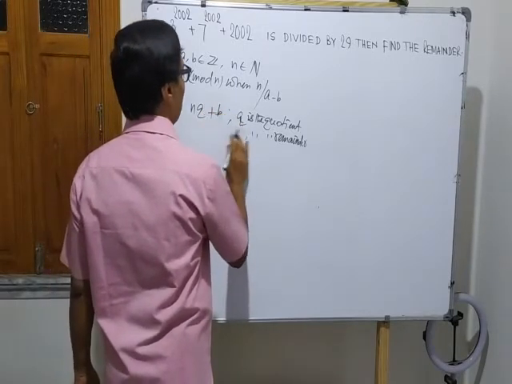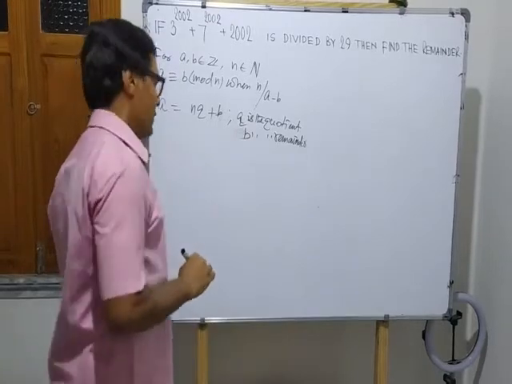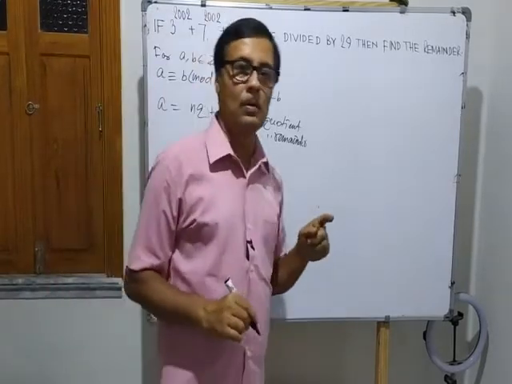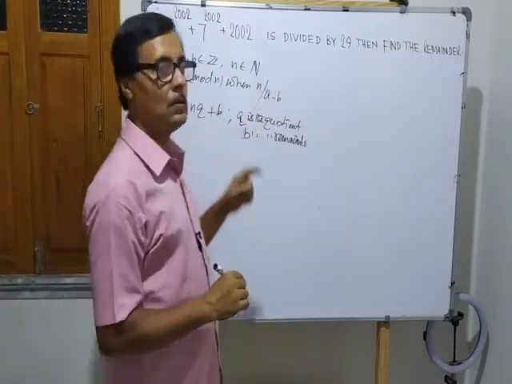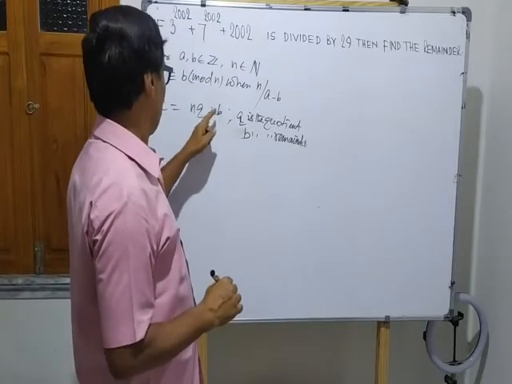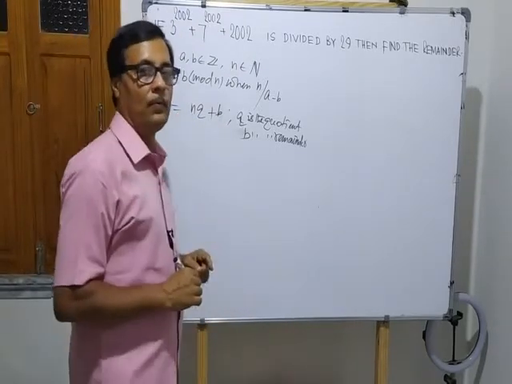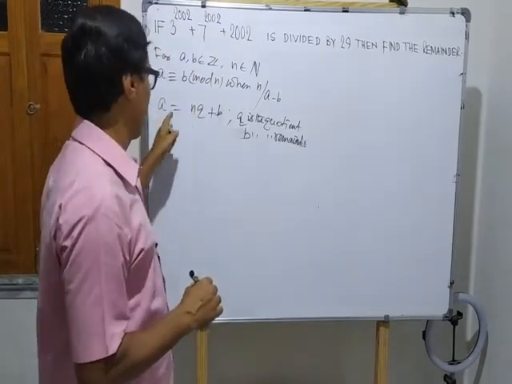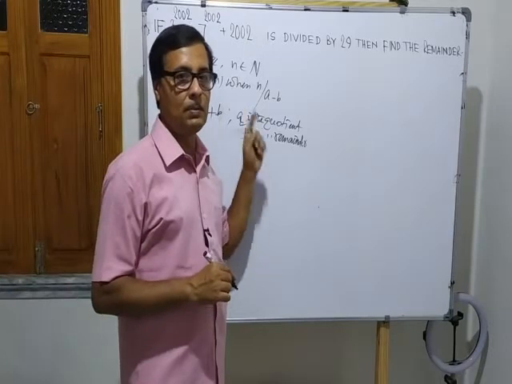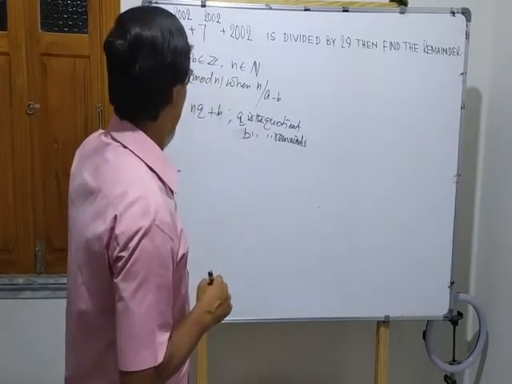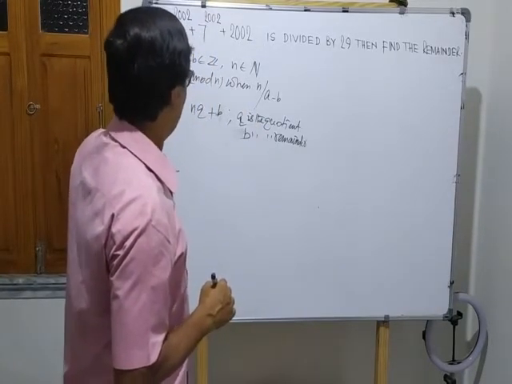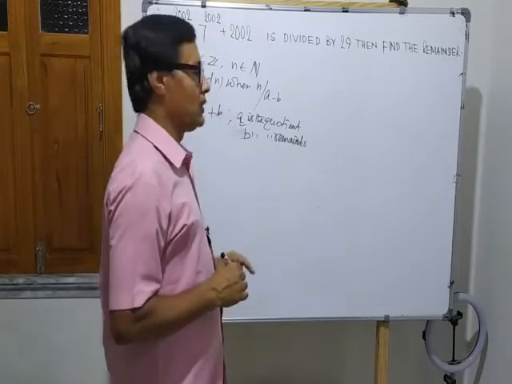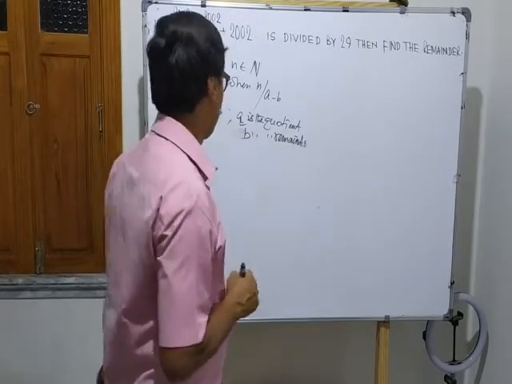So a is congruent to b modulo n means a equal to nq plus b. You can see that a minus b is a multiple of n, so we can say that a minus b is divisible by n. These two are equivalent. This is the division algorithm.